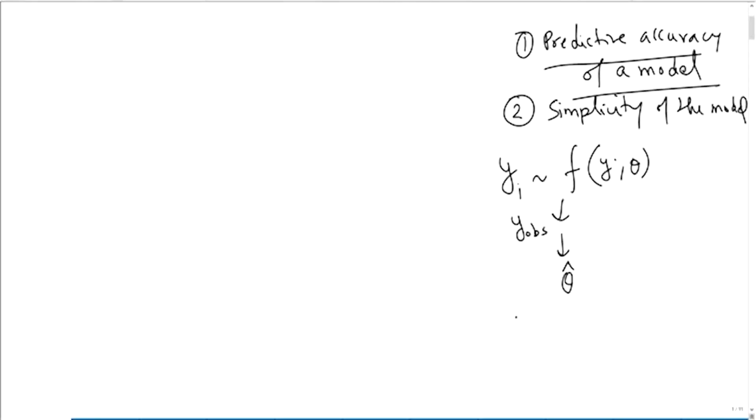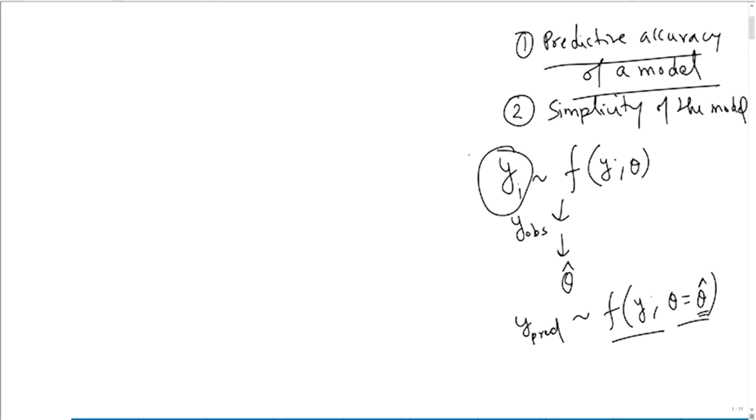Now, what people do is that they generate predictions from this model conditional on this particular value of theta, that is theta hat. So this is the estimated value of theta. This model is generating future predictions conditional on this estimate of the parameter theta, and this estimate is actually conditional on something. This estimate we have obtained is based on this training data. This was the data that you used to estimate this parameter, right?